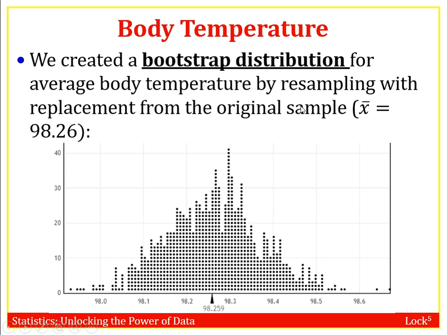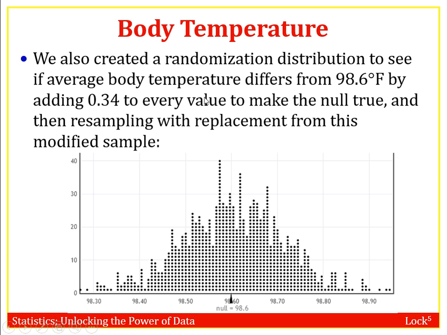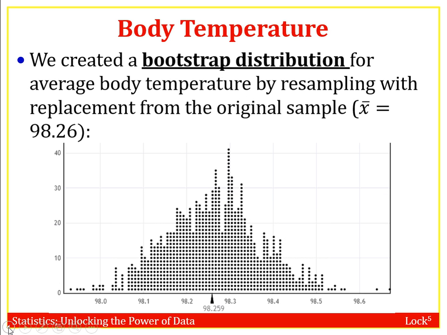So creating a bootstrap for our average body temperature from our original data that we had looked at before was this here. Bootstrap, once again, is centered around your sample statistic. Now, if we want to do our randomization distribution, we'd want to take our graph from back here, our bootstrap.